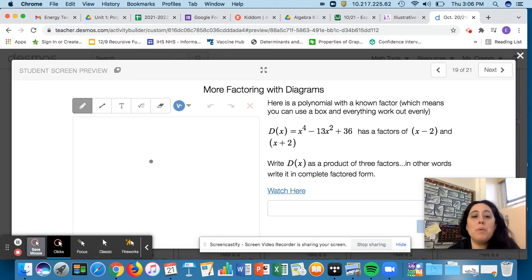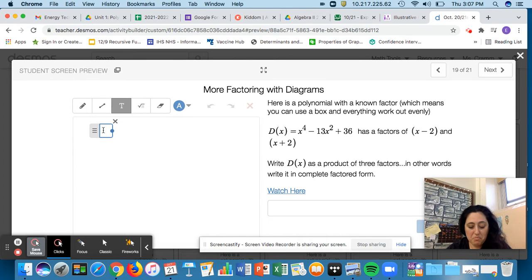So sometimes people want to write it out like this: x to the fourth, and because there's no x to the third term, they just put in 0x to the third. It's kind of just a placeholder. Minus 13x squared.